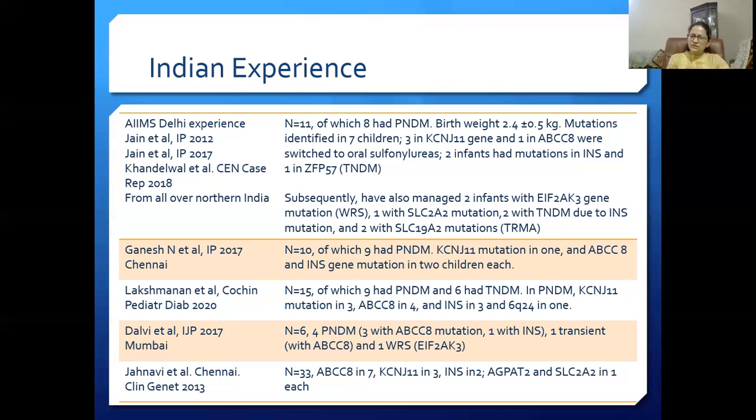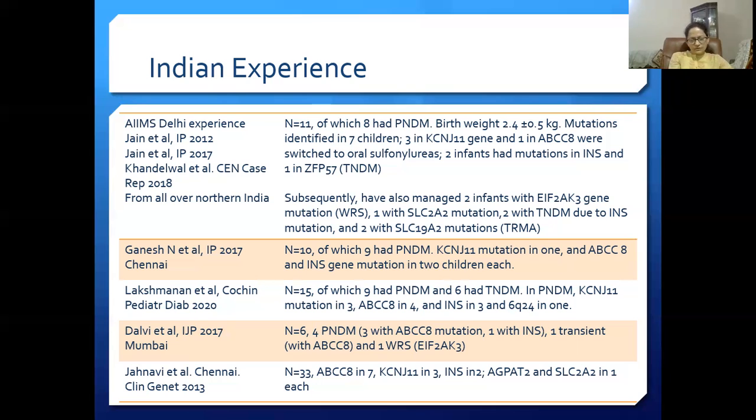Our cases had presented at the age of around 8 to 9 months, and as we know, this is a very interesting syndrome in which there is anemia, there is deafness, and there is diabetes, and this is thiamine responsive. So the anemia improves, and even the insulin dose goes down with thiamine.